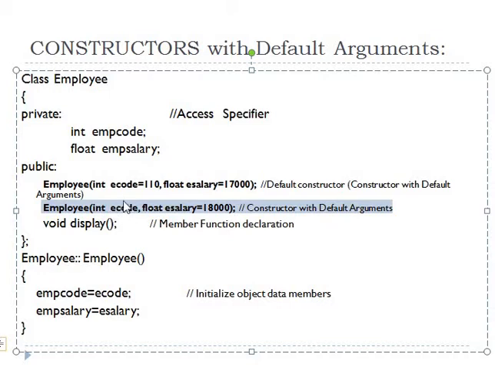Here the parameter eCode has not been assigned any initial default value. So for such reason we can call this constructor a constructor with default arguments. We can't consider this constructor as a default constructor.